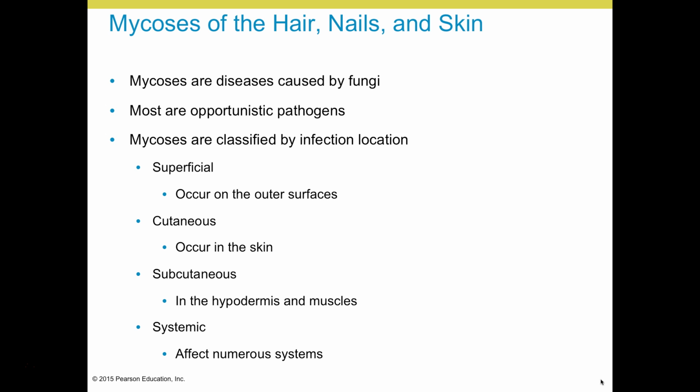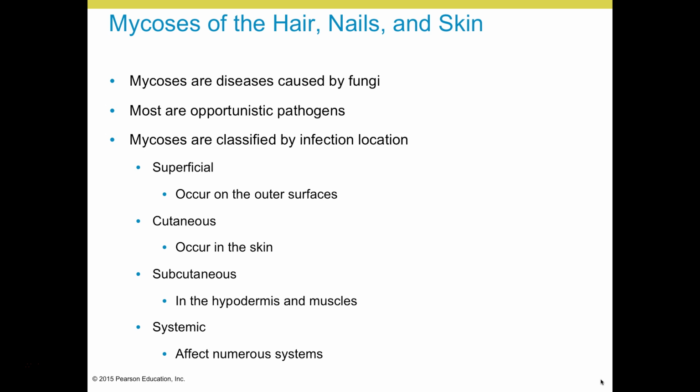Mycoses of the hair, nails, and skin. We're going to get into the fungi now. These are mostly opportunistic, and I surely hope you know what that means by now. Some of the mycoses are classified depending on where they infect. Some are superficial, on the outer surface of your skin.